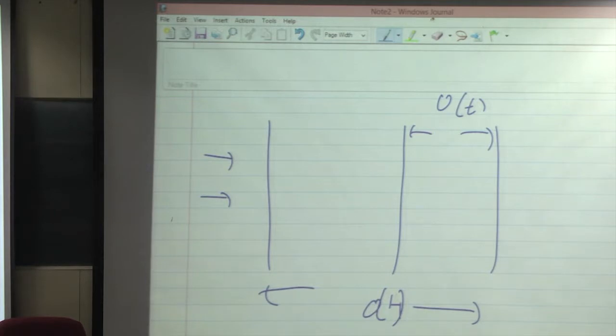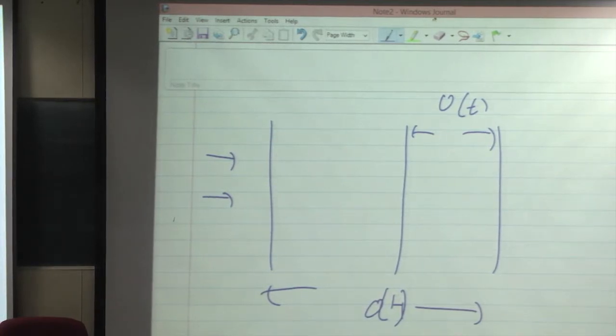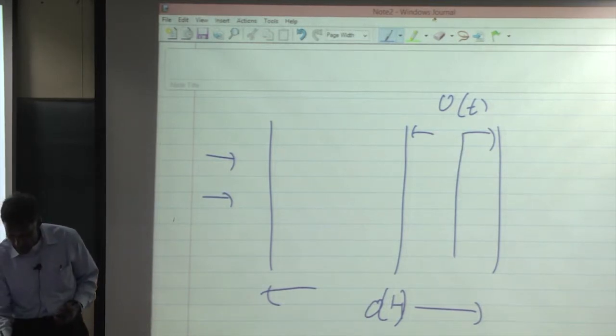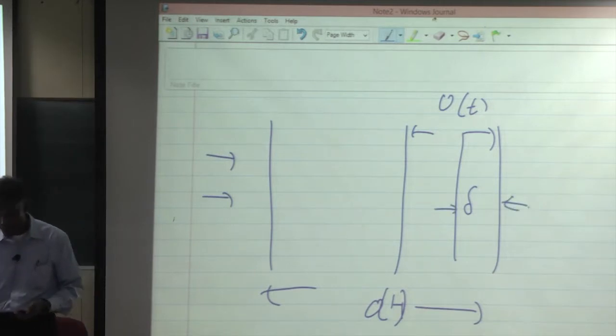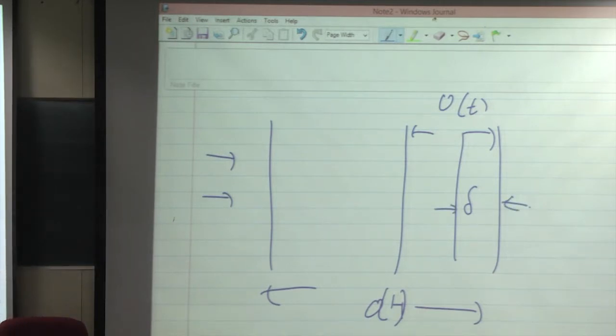So these two reactions are taking place in the layer of order epsilon, and within this layer there is another thin layer of order delta. This particular D1 is even smaller, so you get another structure here, of order delta, within this reaction zone. So this is epsilon, and this is delta.